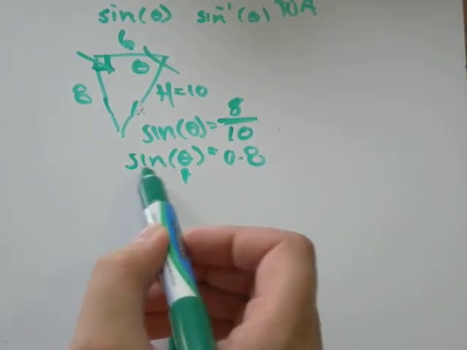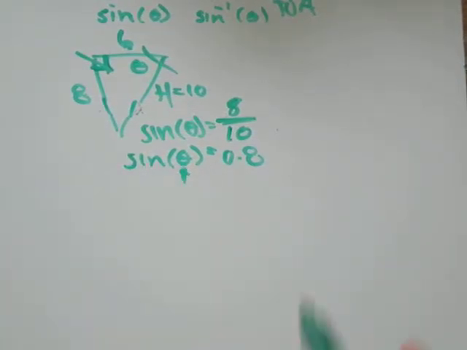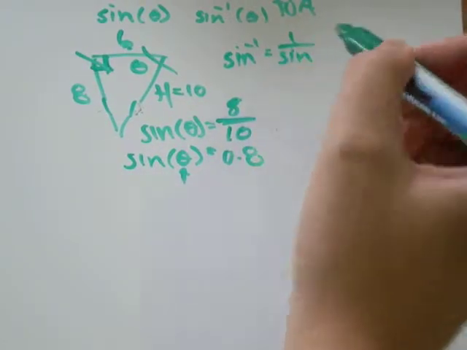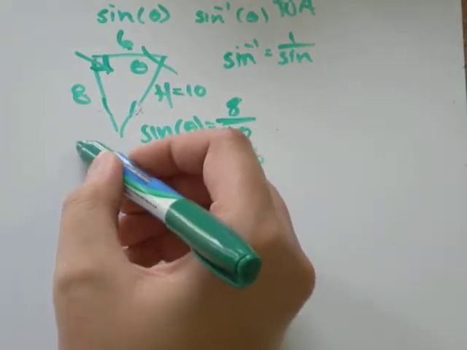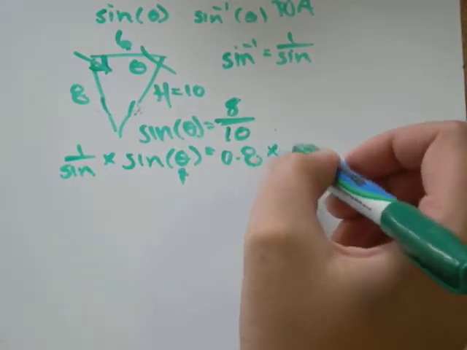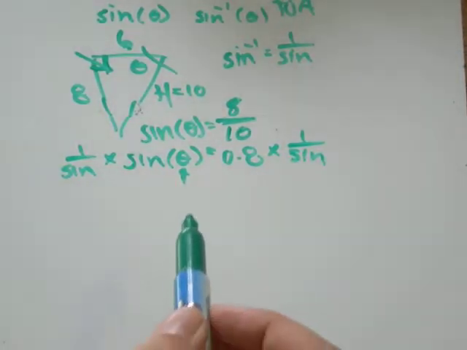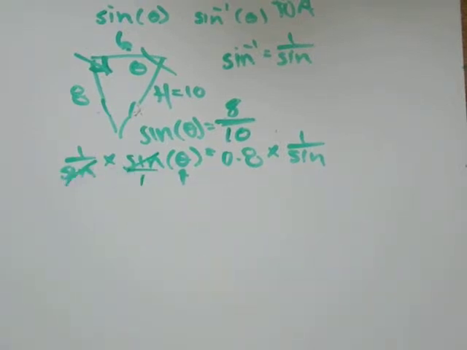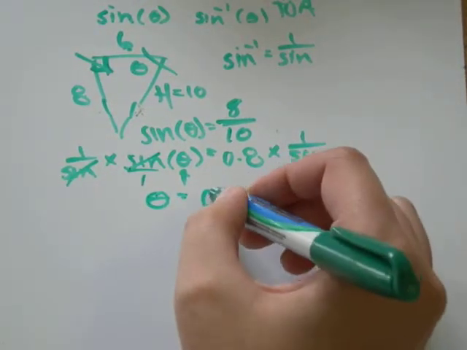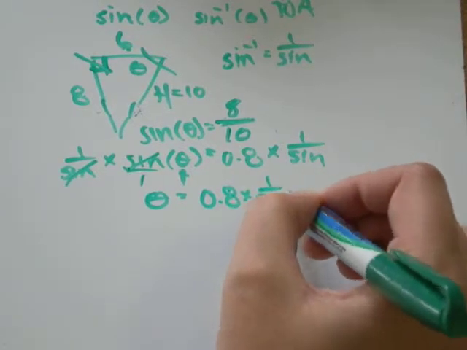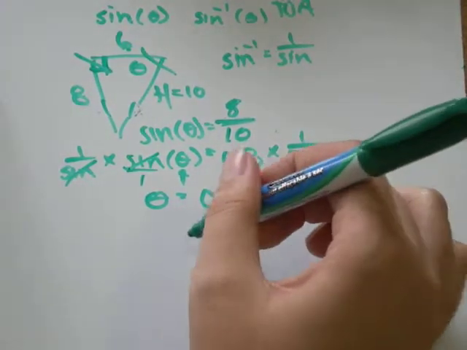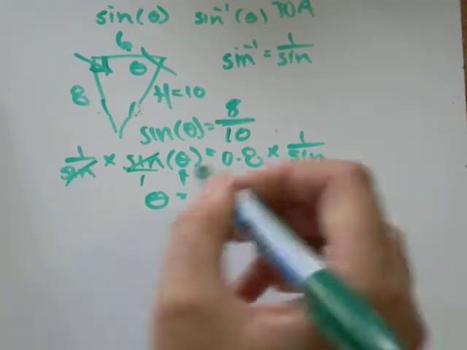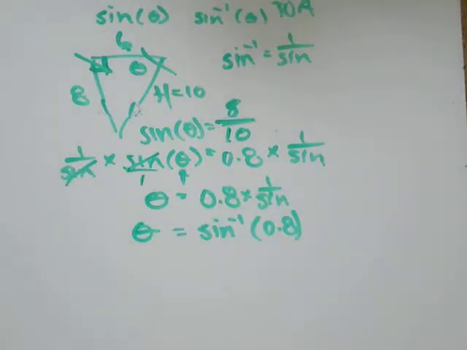So I need to separate it from the sine. You can think of sine to the -1 as being equal to 1 over sine. So if I multiply both sides by 1 over sine, those will cancel out, and I'll get theta equals 0.8 times 1 over sine. 1 over sine is equivalent to sine to the -1, and then just put your 0.8 in brackets after it.